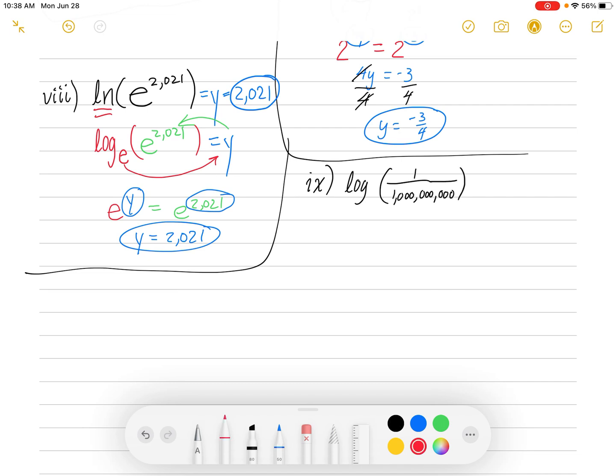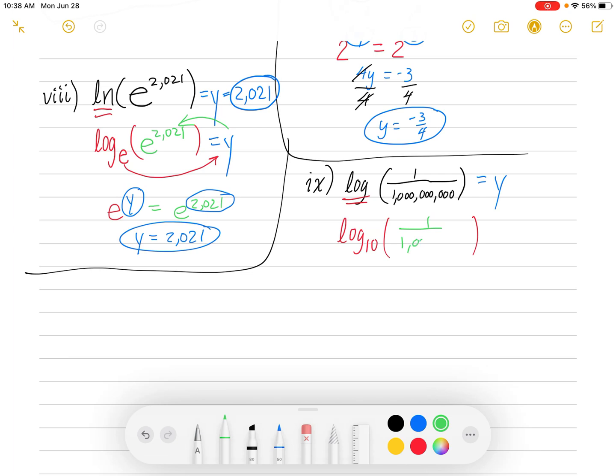This one's going to be log of 1 over 1 million. Now, first of all, let's rewrite this. So let's call it y. Before we write it in exponential form, let's rewrite it in logarithmic form.